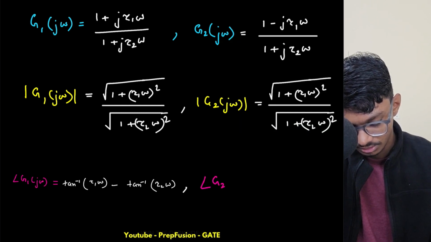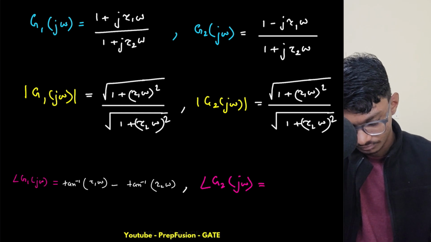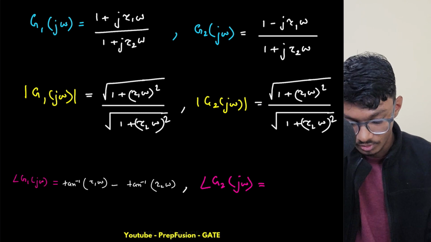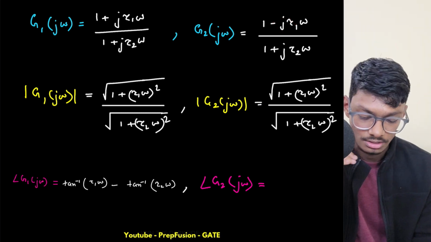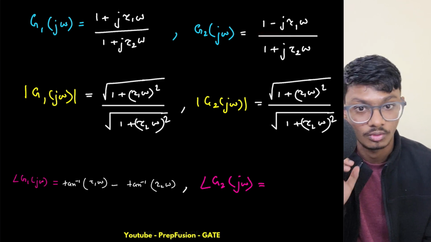What is the angle of g2 of j omega equals to this tan inverse. Now here what is happening, my y coefficient is negative and x is positive. So which quadrant am I lying in?